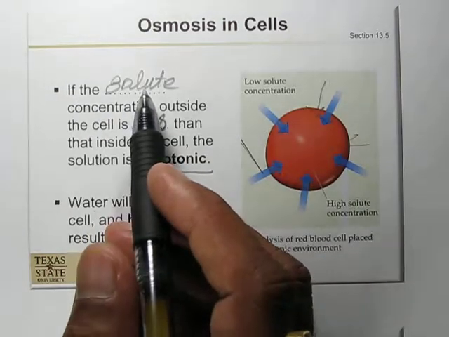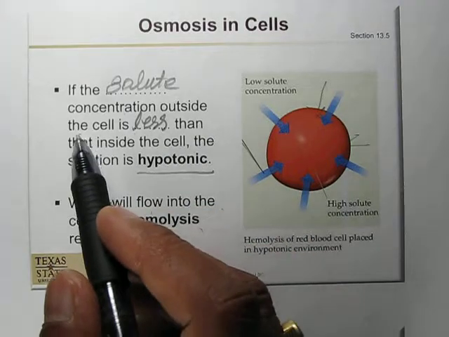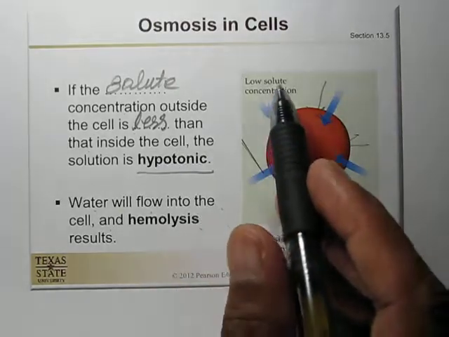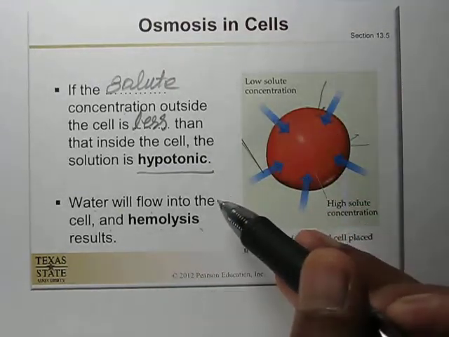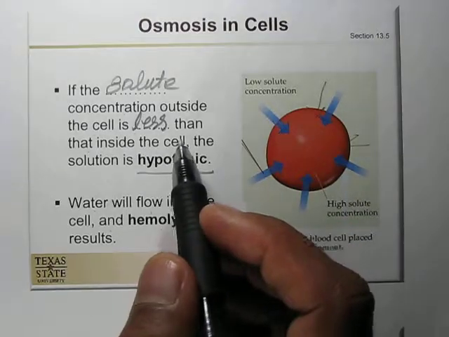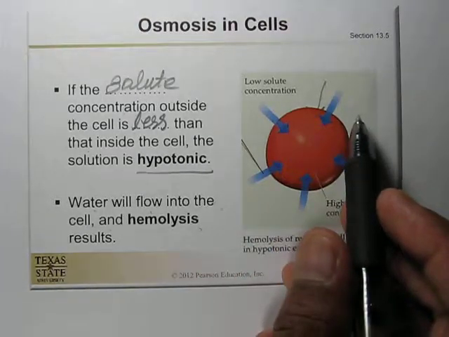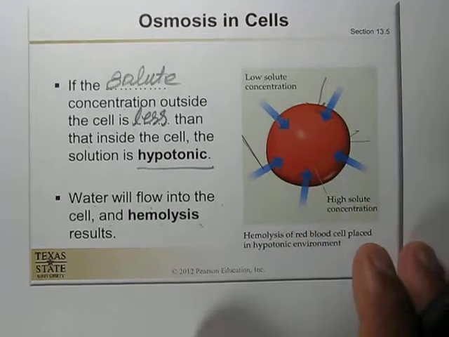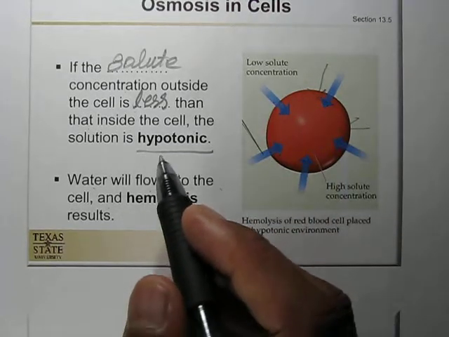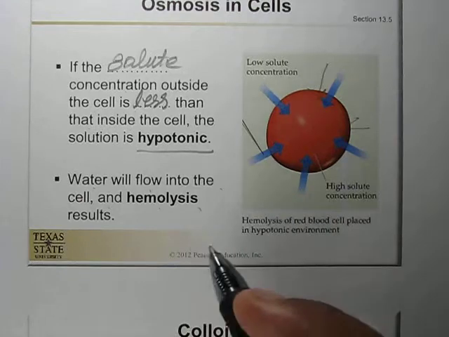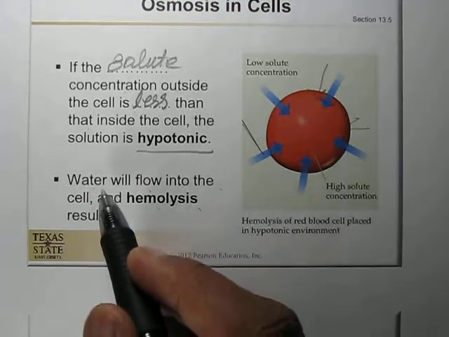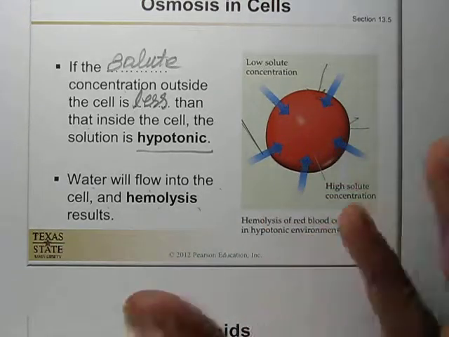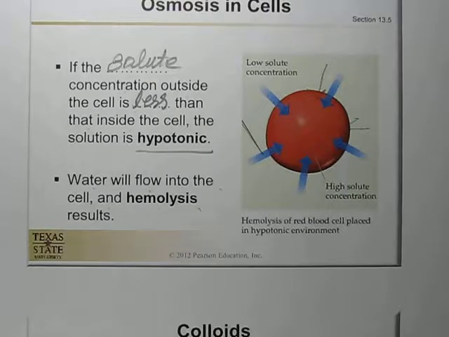If the solute concentration outside the cell is less than inside the cell, meaning outside we have less solute and inside we have more solute, solvent comes from outside to inside through the cell's semi-permeable membrane. In that case, the outside solution is called hypotonic because it has less osmotic pressure, less solute. So water will flow into the cell and hemolysis will result. Hemolysis means the cell could burst because of too much water.